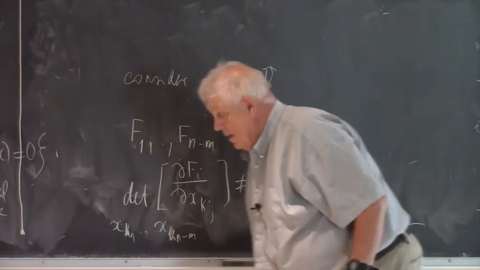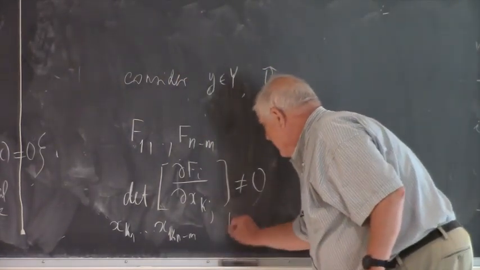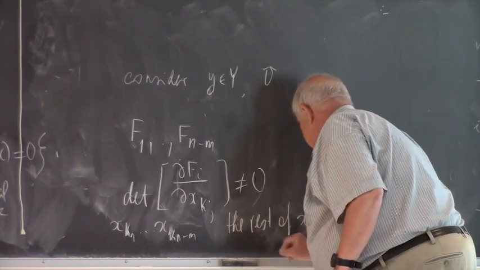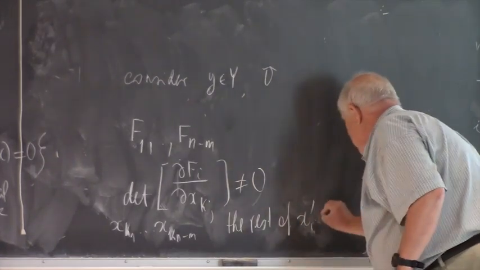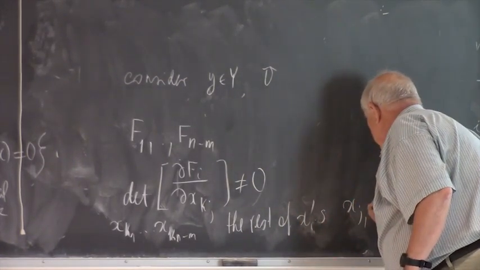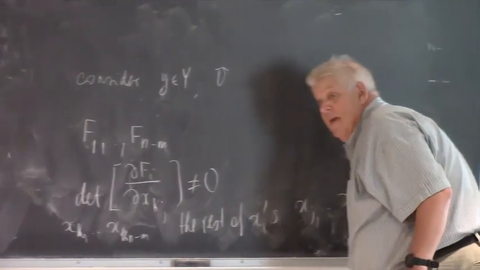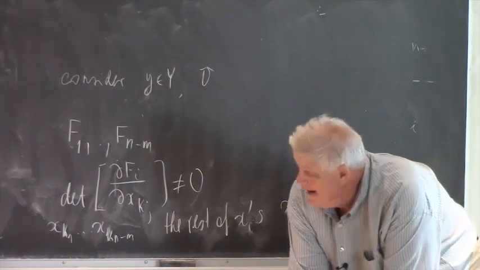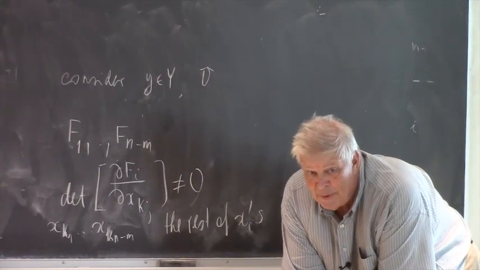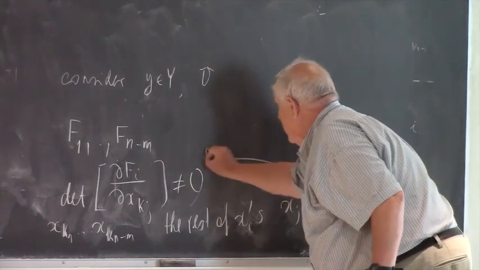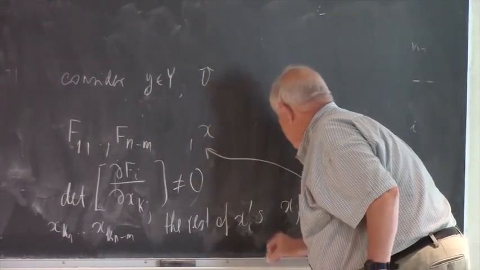Now we do the following. Take the rest of the x's, x_{j1}, ..., x_{jm}. The total amount of x is n, n minus m there, and m more, right? And just add them to this system of functions.